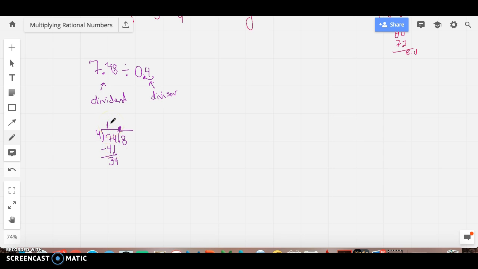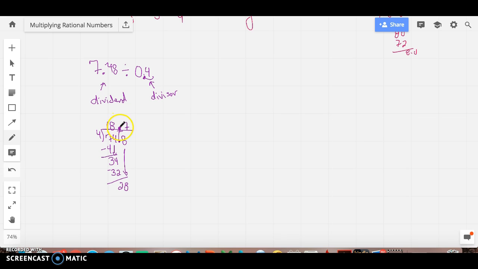Well, 4 times 8 is 32. So glad I memorized these multiplication tables back in 3rd and 4th grade. And then I bring down the 8. How many times does 4 go into 28? An even 7 times. Beautiful.